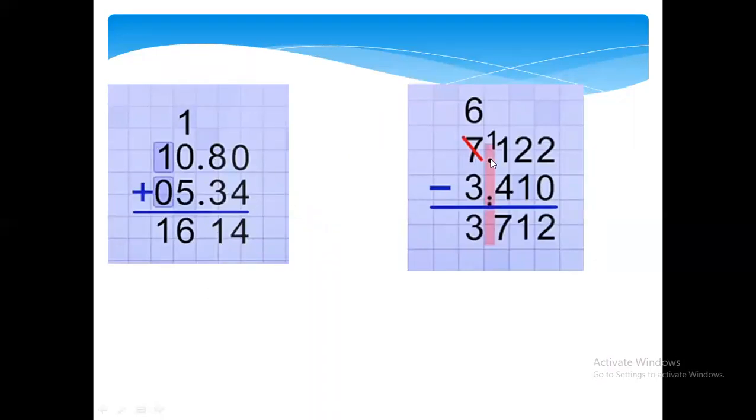Then we've got a subtraction question, 7.122 less 3.410. 2 less 0 is 2, 2 less 1 is 1. And as you know, we cannot take 4 from 1, so we borrow one from 7, making it 6 and making the 1 into 11. 11 less 4 is 7, 6 less 3 is 3, and then the decimal will be brought down over here.